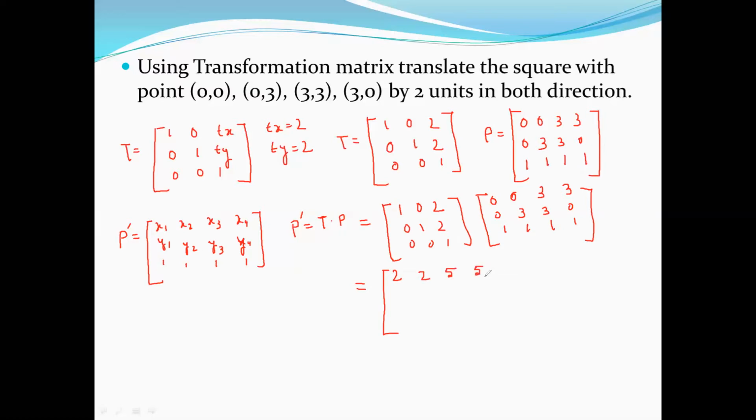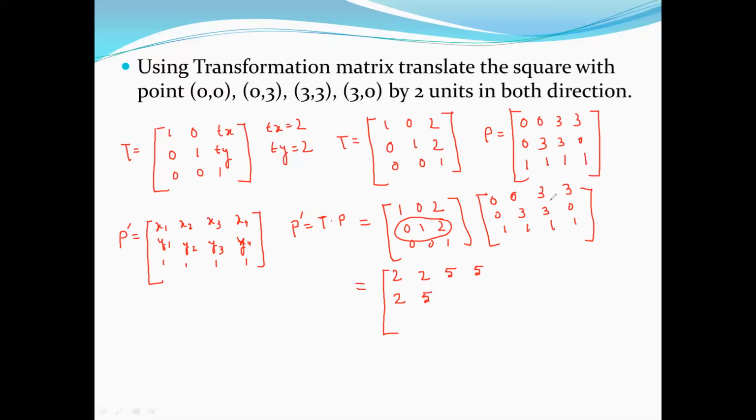Now, here again you multiply the second row with everyone. So we will get the value of the second one. It will be 0, 0 into 2, so it will be just 2. Now next one is 0 into 0, 1 into 3, 2 into 1, so it will be 5.